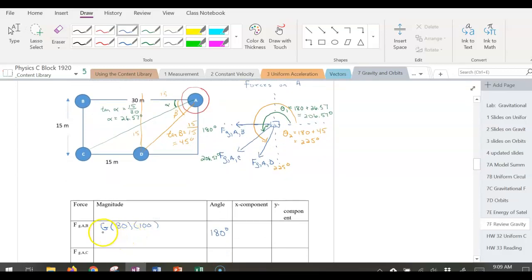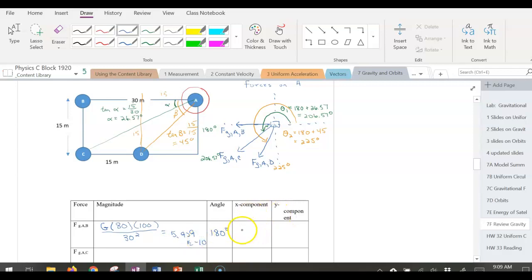And their distance, it looks like it's 30 meters. And of course I want to square that. So let's see what we get here. And so I get 5.929 times e to the negative 10th.